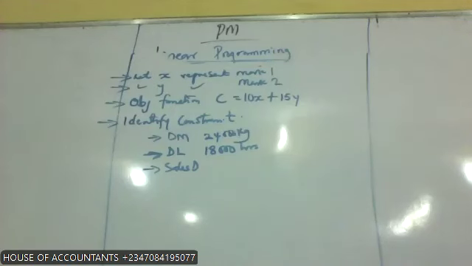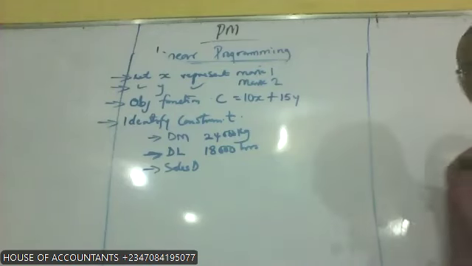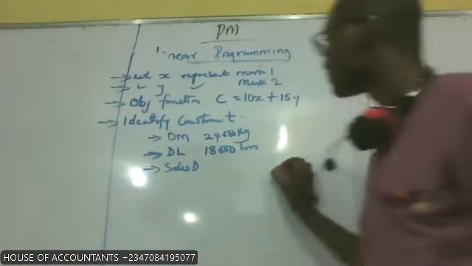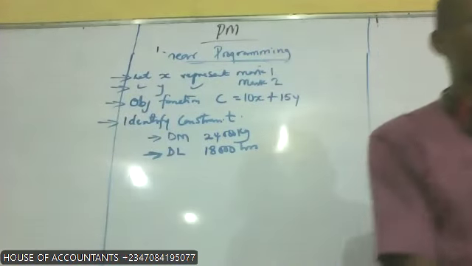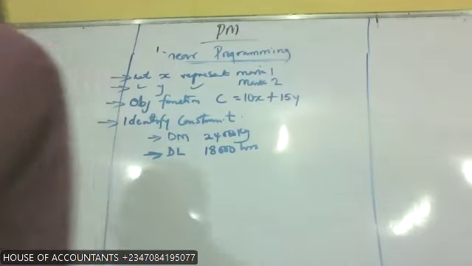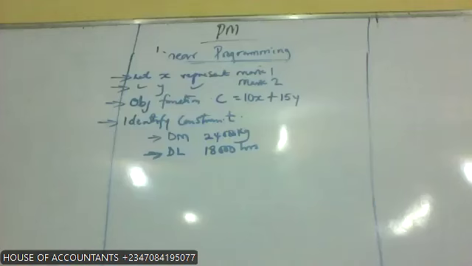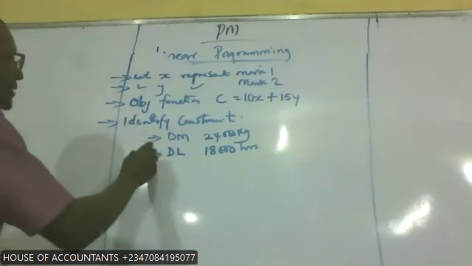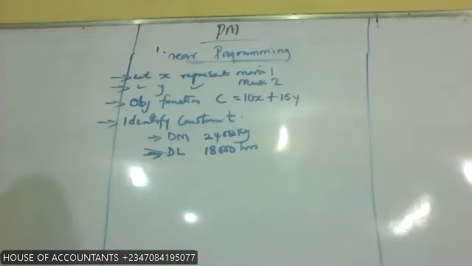We are saying unlimited sales demand. Let's leave this one for now. For sales demand, there's only one product that has the constraint. When you say unlimited, it means there's no constraint on that. But for the one that is limited, there's a constraint. You understand?